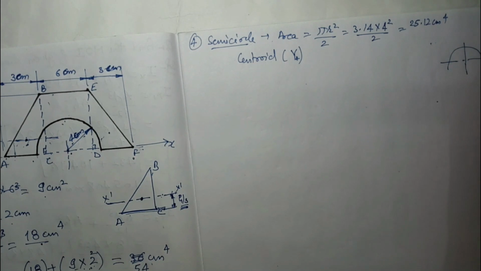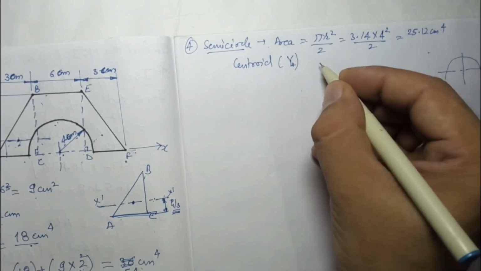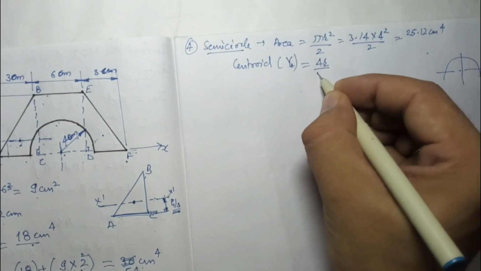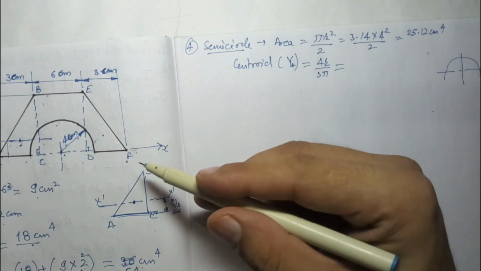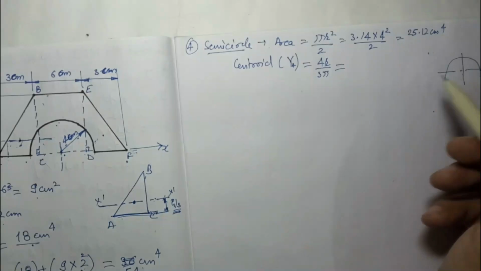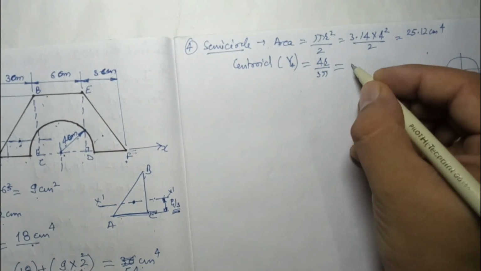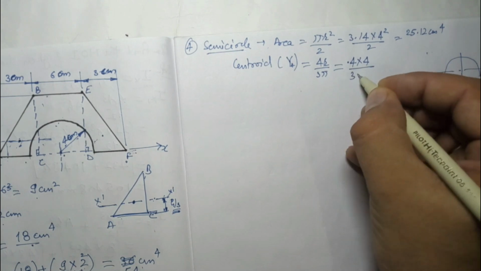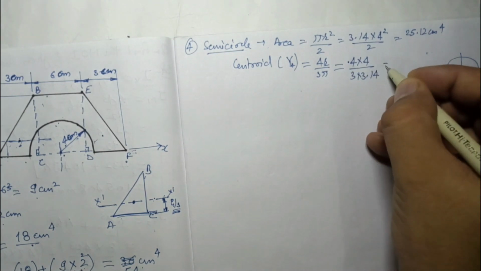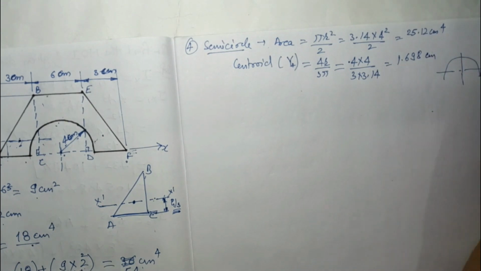We know the formula, 4r by 3 pi, and we are going to use the same. If you are confused about any of this, please watch the previous videos where I have calculated all these things separately, and you can go through those numericals. So this is 4 into radius 4 divided by 3 into 3.14, and I am getting the value 1.698 centimeter.